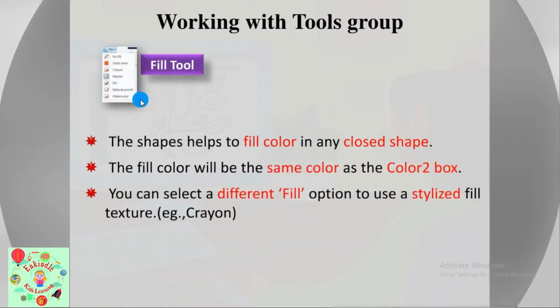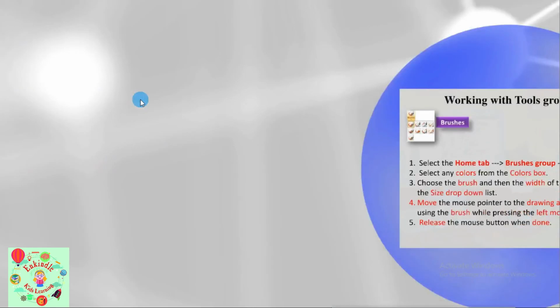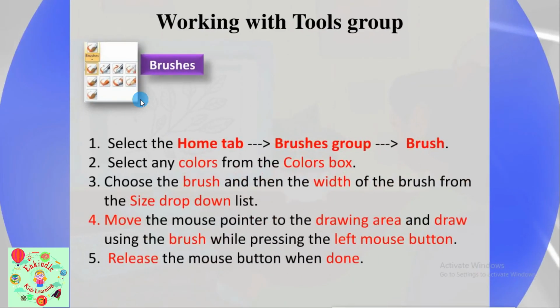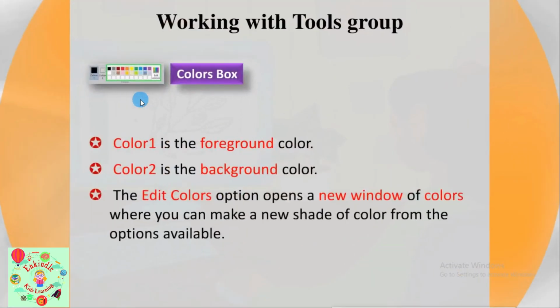Then we studied about fill tool, how to fill different colors in any closed shape. Then we saw how to use the different types of brushes. And finally, we studied about the colors box.